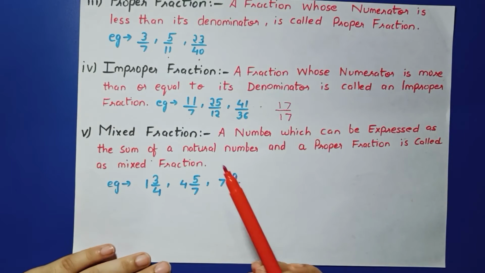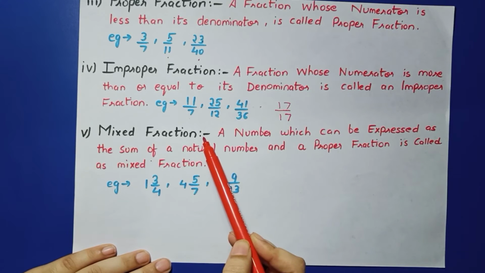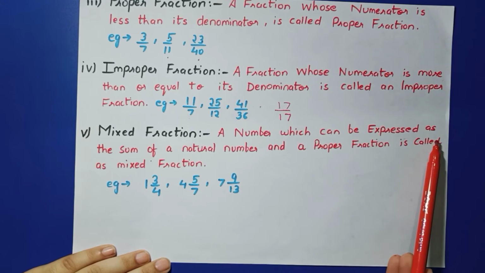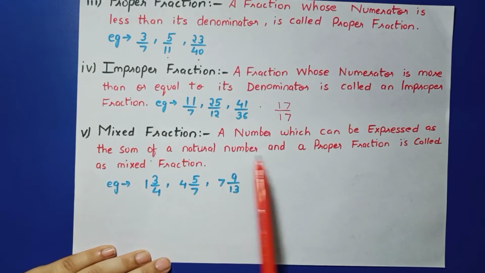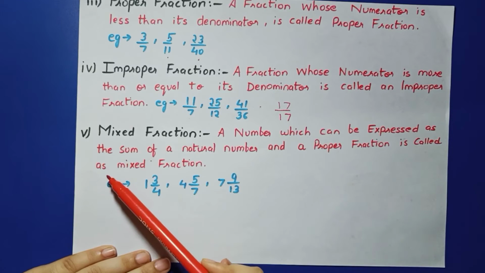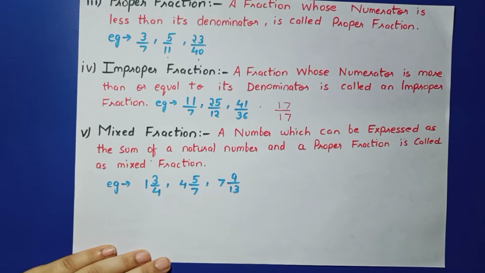So the next kind of fraction is mixed fraction. A number which can be expressed as a sum of a natural number and a proper fraction is called a mixed fraction. Like natural numbers 1, 4, 7. These are natural numbers and these are fractional numbers, 3 upon 4, 5 upon 7 and 9 upon 13. So how can we represent it as a sum of a natural number and a proper fraction?